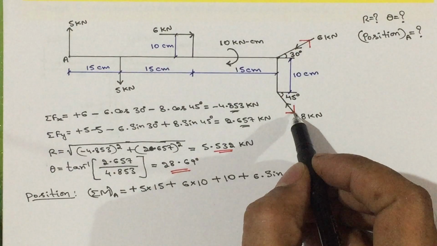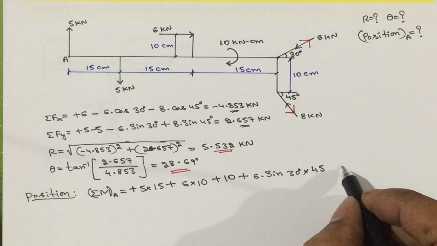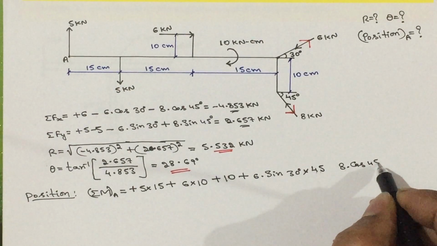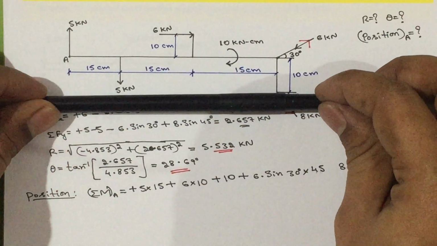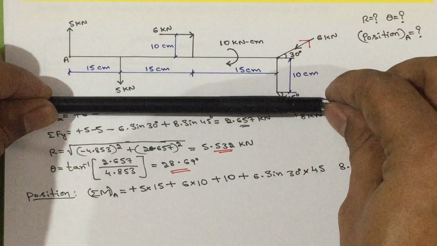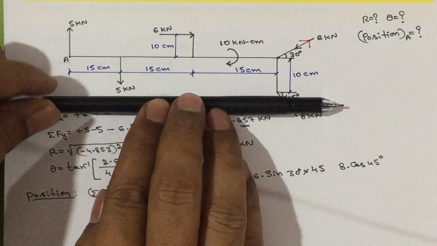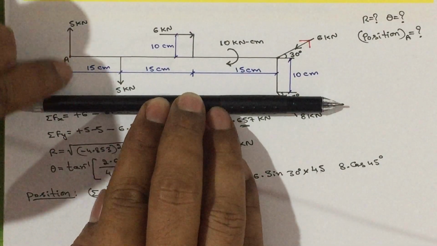Then here the horizontal component is F cos theta, that is 8 into cos of 45 degree. The perpendicular distance between the horizontal component and the point A is how much? From A to this force line, draw a perpendicular.